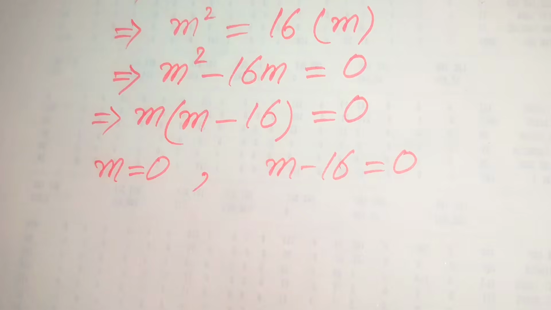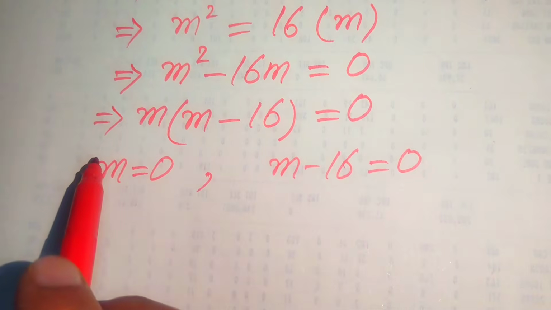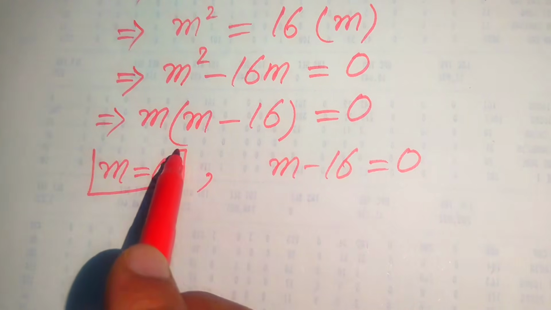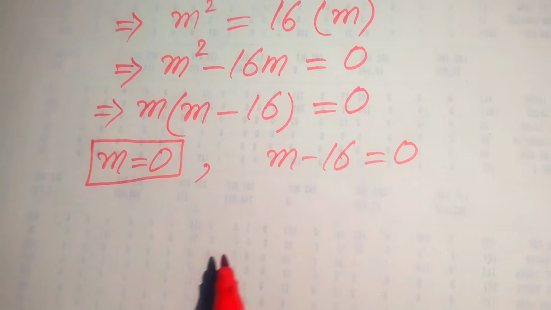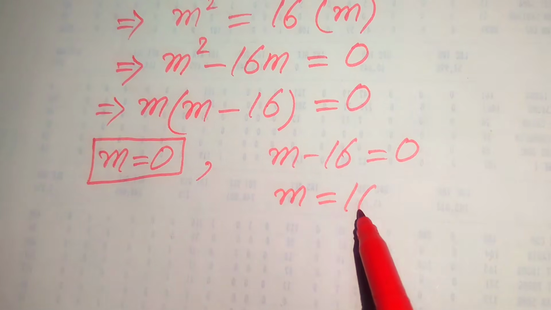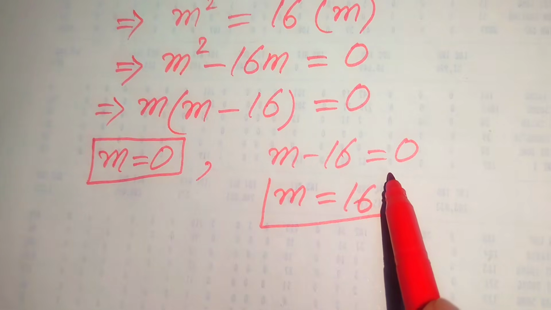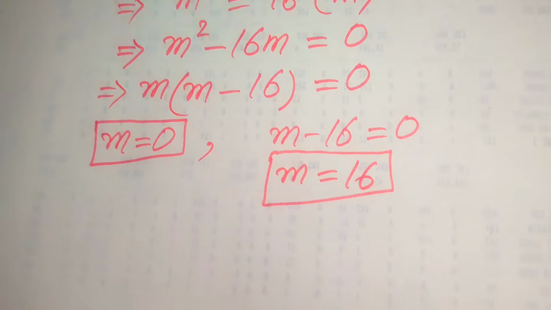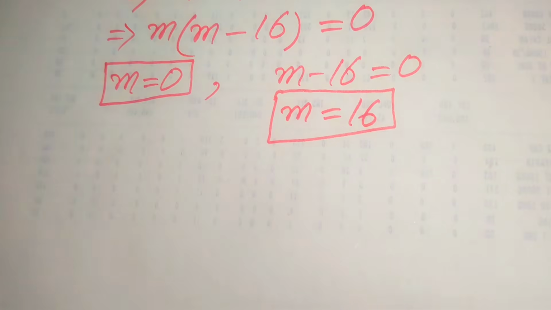So m equal to 0 is the first root of the given equation, and here we move minus 16 to the right hand side, and it becomes m is equal to plus 16. So this is the second root of the given equation. These are the two roots of the given equation which we get in the first method.